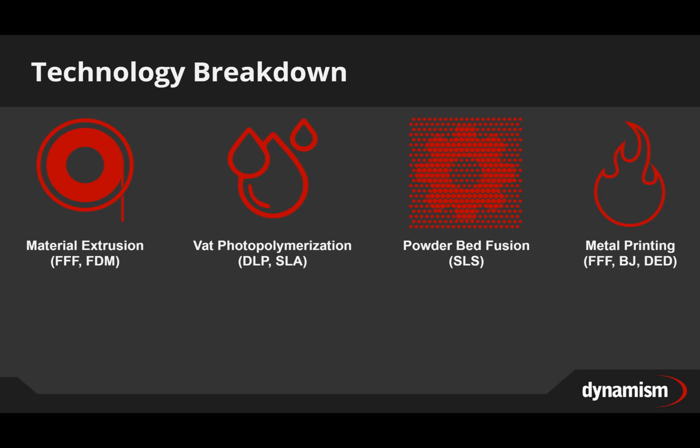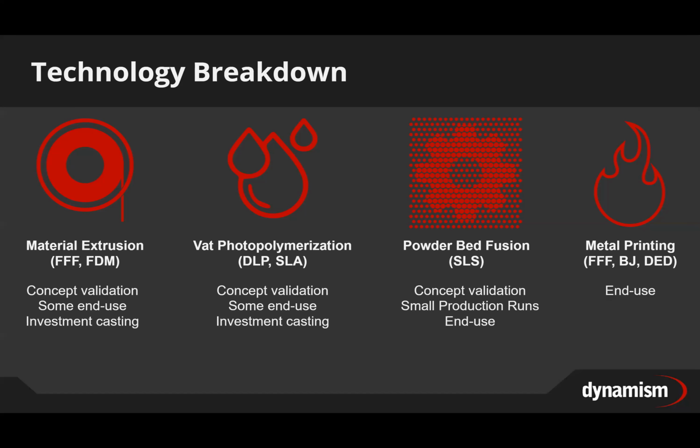We have powder bed fusion, where either a laser or a heat source is used to fuse particles layer by layer, and then a new layer of powder is put over that. And then we have metal printing. Metal printing is not one of the ASTM defined additive manufacturing processes. It's actually achieved through material extrusion, binder jetting, or direct energy deposition.